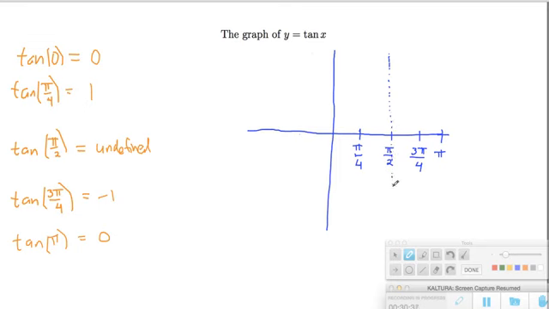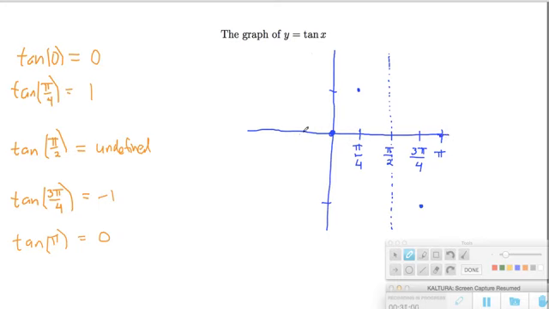So we'll just draw a dotted line to denote that that's not going to be part of our function. Now tangent of 0 is 0. Tangent of pi over 4 is at 1. Tangent at 3 pi over 4 is down at -1. Tangent of pi is back at 0.